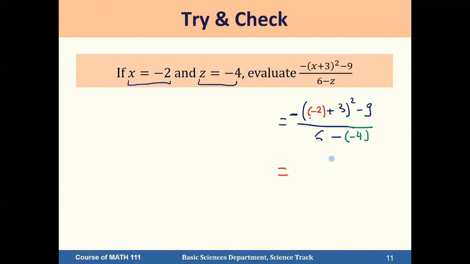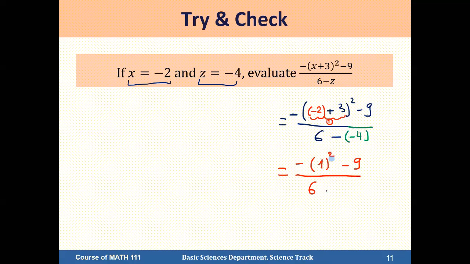Then first we start inside the parentheses. This is the first operation: minus 2 plus 3, or 3 plus minus 2, how much? 1. 1 plus 1. Minus 9 over 6 minus minus 4, which is 10, plus 10. Step by step. You are right.